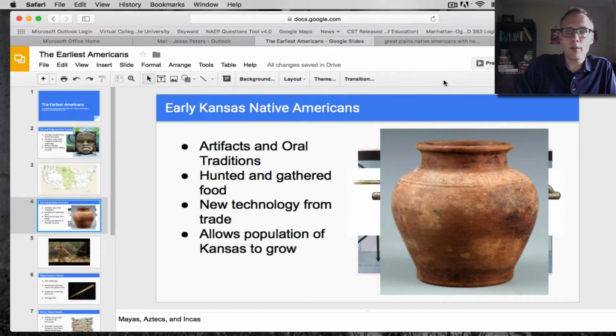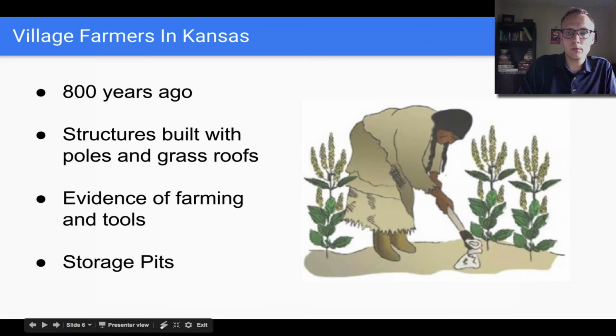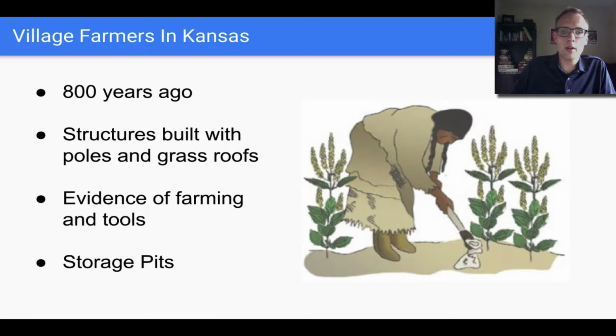What we do have, though, in the archaeological timeline is that about 800 years ago, archaeologists found that the tribes in the Great Plains and in Kansas, some of them began settling down.